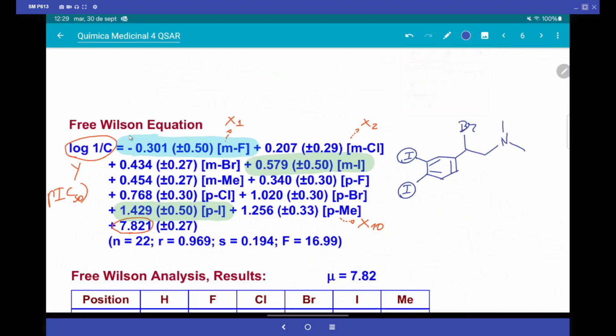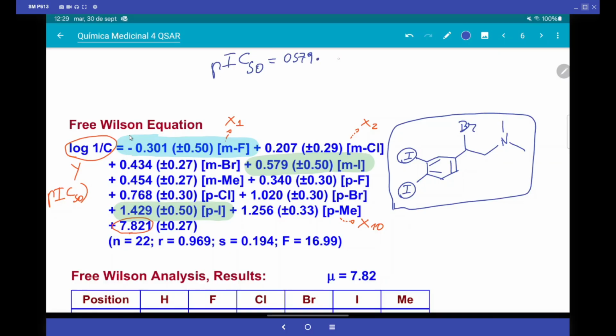Numerically speaking, what value of activity does it have? The pC50 would be the same as before. It would be 0.579 for iodine in meta, but when iodine is in meta, that is equivalent to 1. Remember that here it is 1s and 0s. Then 1.429 for iodine in para, that is for 1, plus 7.82, the intercept.